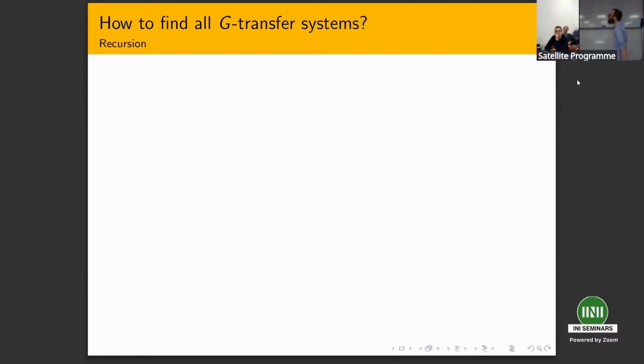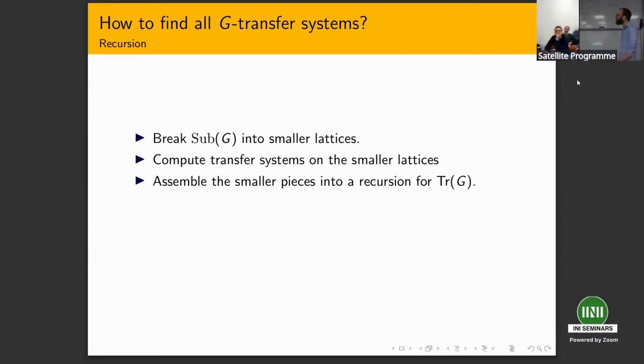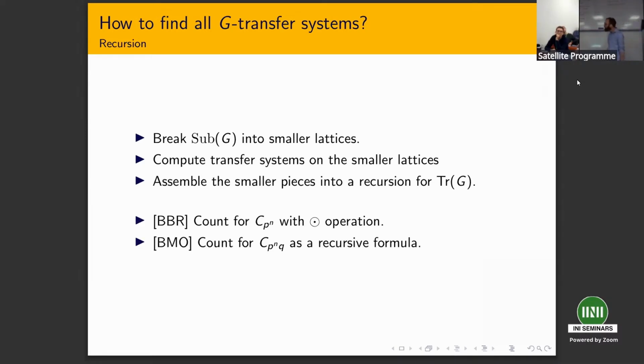There are a few other methods lying around the literature these days. I just want to give a very brief overview of what's out there. I don't know if maybe Angelica might talk more about some of these tomorrow, but you could do a recursion-style thing. You take your subgroup lattice Sub(G) and you break it into smaller pieces. And you say, if I can compute things on the smaller pieces, is this going to allow me to assemble all the data for transfers on G? And sometimes, yeah.